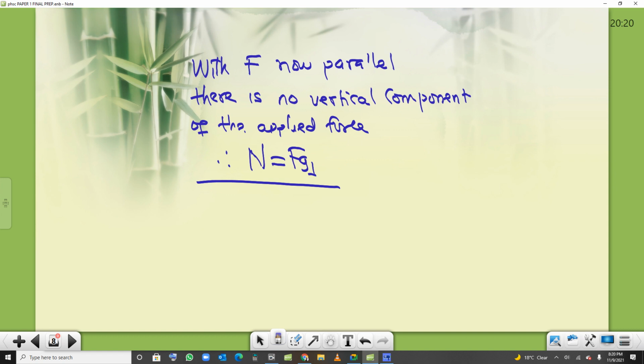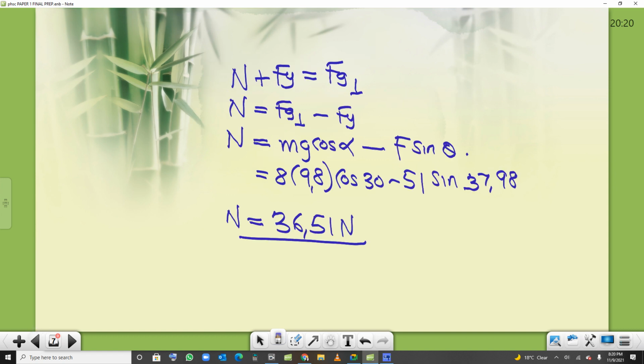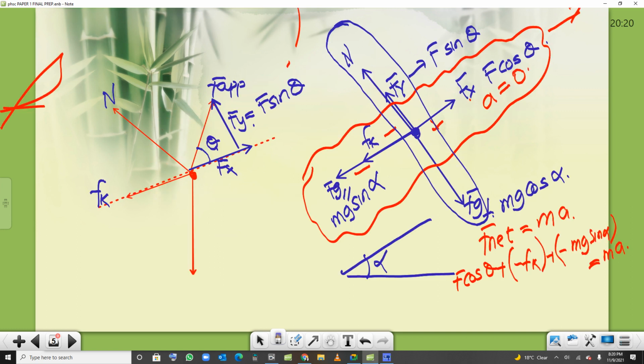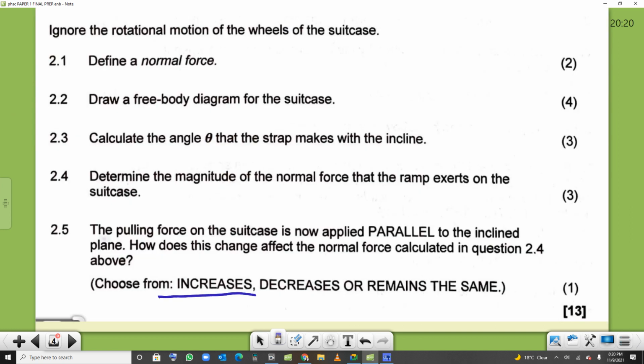Israel, what we did was, the examiner said, please, guys, look, physics is quite easy to work around. Is that okay? It says the pulling force on the suitcase is now what? Applied parallel. Go back to your diagram and make it what? Parallel. Calculate the new normal force. Guys, as long as you can get your free body diagram right, all calculations are easy.